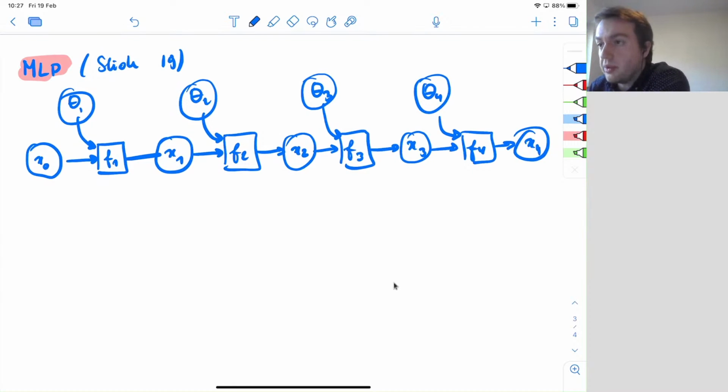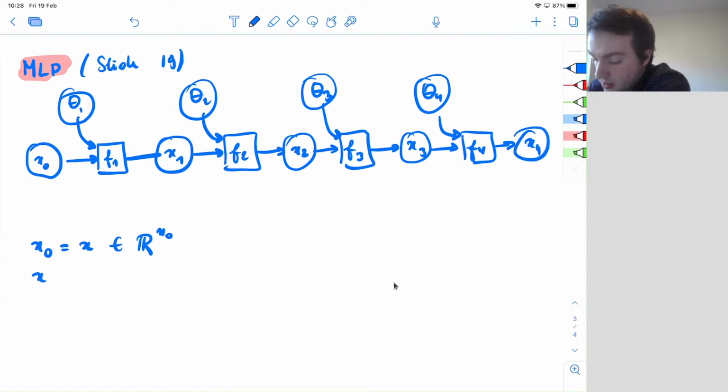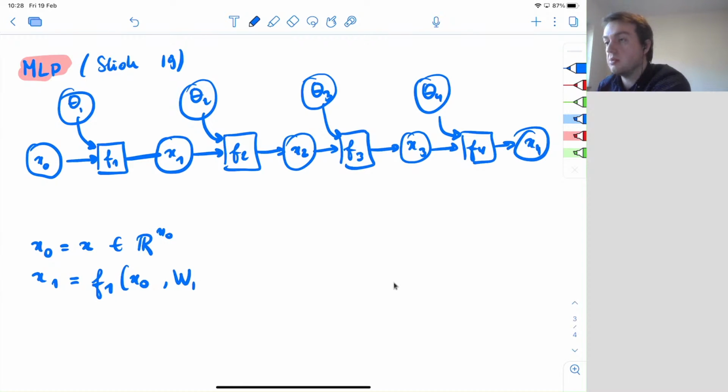And so, for example, what we would have is that x0 is equal to x, which belongs to R^n0. Then we would have x1, which would be f1 applied to x0 with some parameters, usually a matrix.